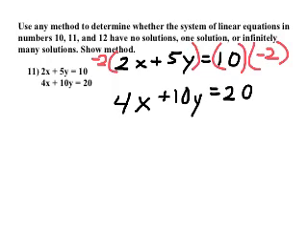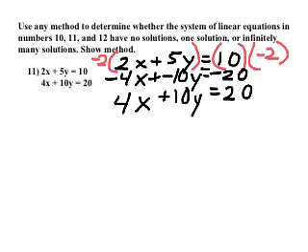Okay, so negative 2 times 2x is a negative 4x. Negative 2 times 5y is a negative 10y. And negative 2 times 10 is, oops, I mean a negative 20.